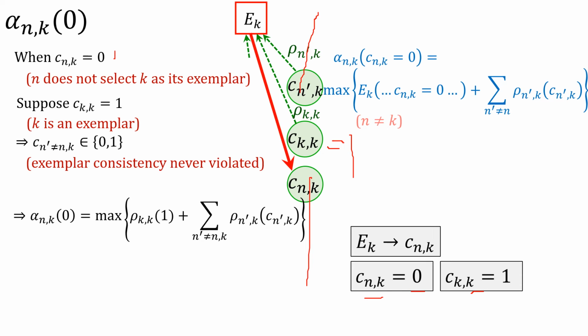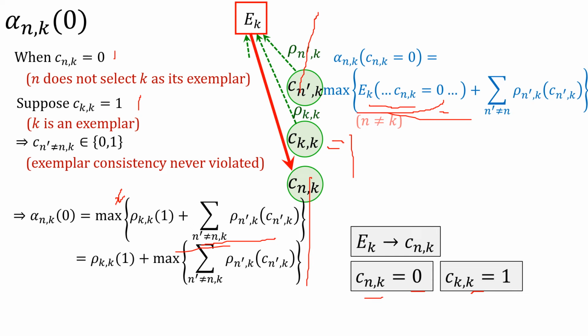Whence this expression reduces to this, because ek rejects all the cases of exemplar consistency violation. Well, it will never happen in this case, as ckk equals 1. So this function ek becomes equal to 0. And so this is the expression, max of all of these.